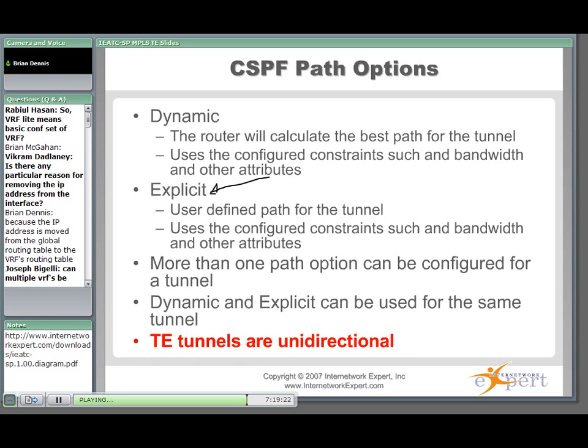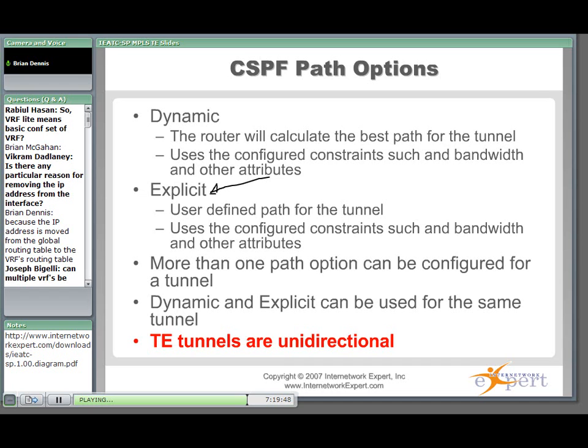You can have a cascade of explicit paths. You could say, I want to go exactly this path. If you can't set up my tunnel exactly this path, then try this other path. And if you can't, try the third path, and if you can't do that, try a dynamic path. So we can specify more than one, and they can be used together in the same tunnel.